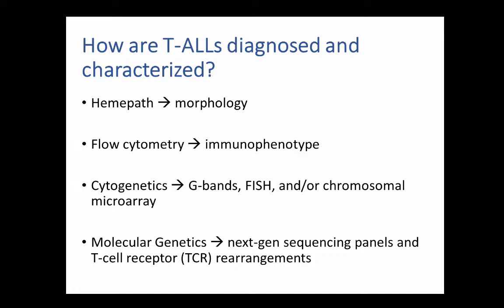Although it's currently not the standard, it's becoming an emerging effort to also implement molecular techniques to look for missense mutations, point mutations, especially in those genes that are frequently mutated in different sequencing assays, as well as identify T-cell receptor rearrangements as a measure of clonality.